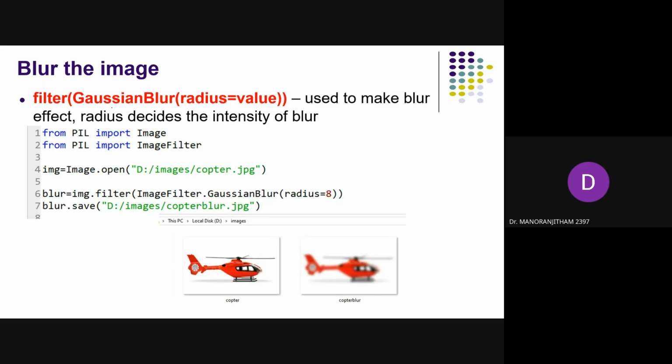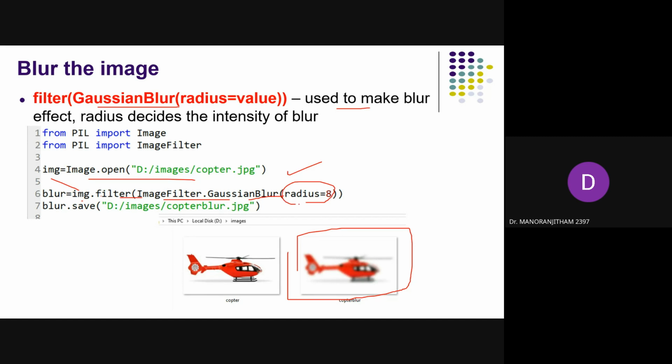Next, filter. Here we are just going to see only the Gaussian filter. Why are we using this? In order to blur the given images. If you want to get some blurred images, you can use this. Again, after opening the image, use the variable dot filter, ImageFilter dot GaussianBlur.